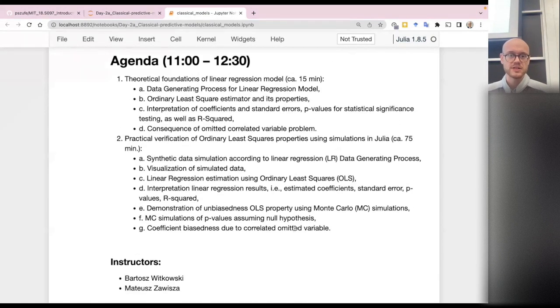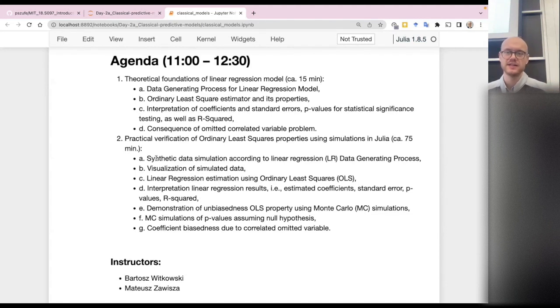Agenda for this notebook is the following. We will start with generating an artificial simulated data set. We could potentially run a linear regression, of course, on real data, but the nice property of running a simulation is that we will be able to demonstrate some systematic statistical properties which couldn't be done easily on real data, because on real data you have just one single drawing of data.